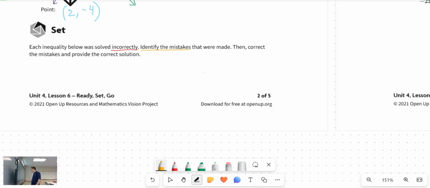Oh no, we'll do that one in red. That seems thematic. Identify the mistakes that were made, and then correct the mistakes. We'll correct the mistakes in red, but we will do the correct solution in green. So anything that's wrong, we'll do in red, and then we'll do the right steps in green.